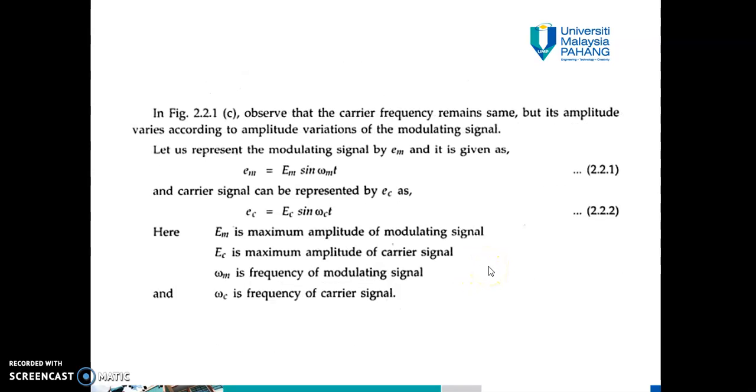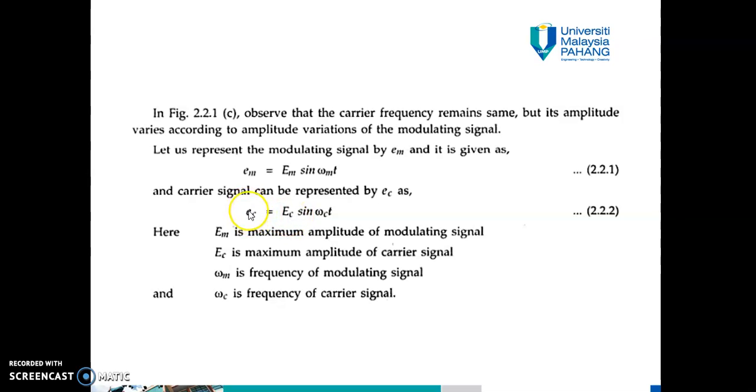So basically, the mathematical expression: VM, sometimes they put VMT. Don't worry, I'll give you in the exercise. Sometimes I use this symbol. VMT equals EM sine omega MT, which means the information signal, where omega M equals 2 pi fM. How about EC?